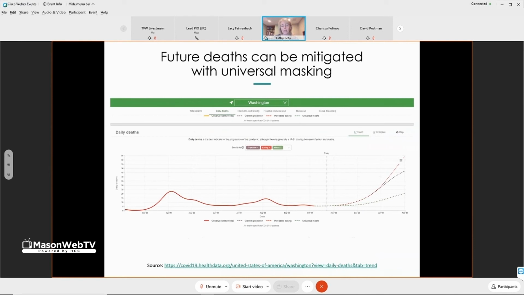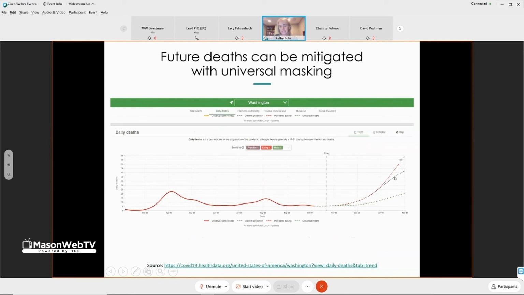And then lastly, I just wanted to point to some data that I discussed yesterday in the governor's press conference. The UW Institute of Health Metrics has on their website some projections about what we might expect this winter. And the red line indicates the number of daily deaths that have been reported here in Washington. This data is smoothed.